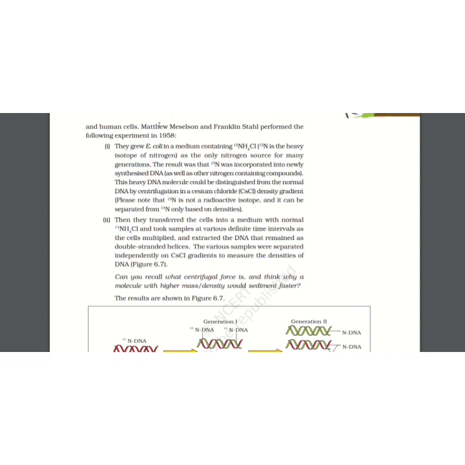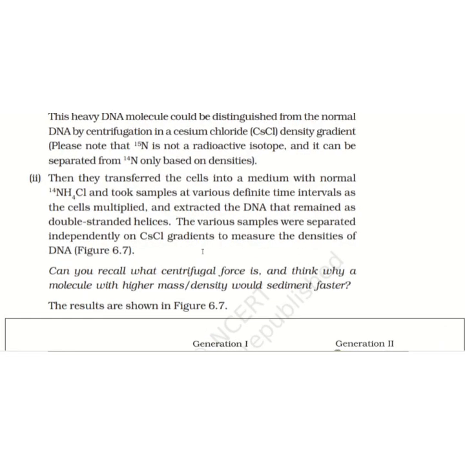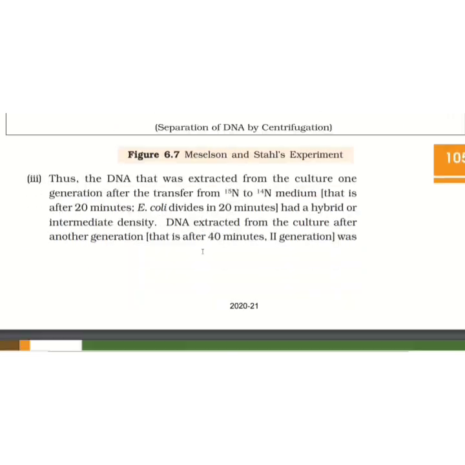Matthew Meselson and Franklin Stahl performed the experiment in 1958 to prove the semi-conservative method of DNA replication.